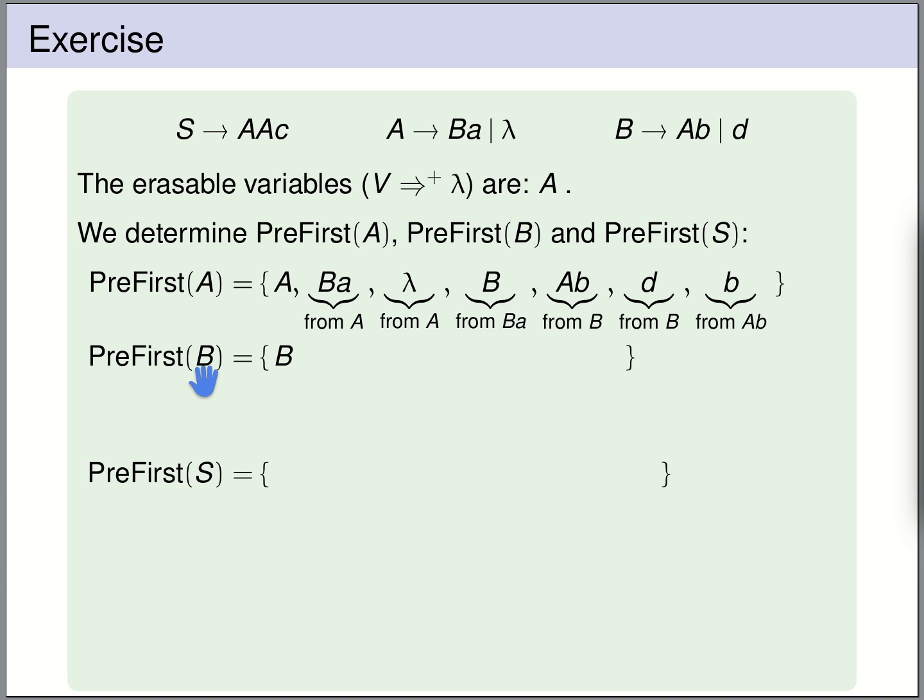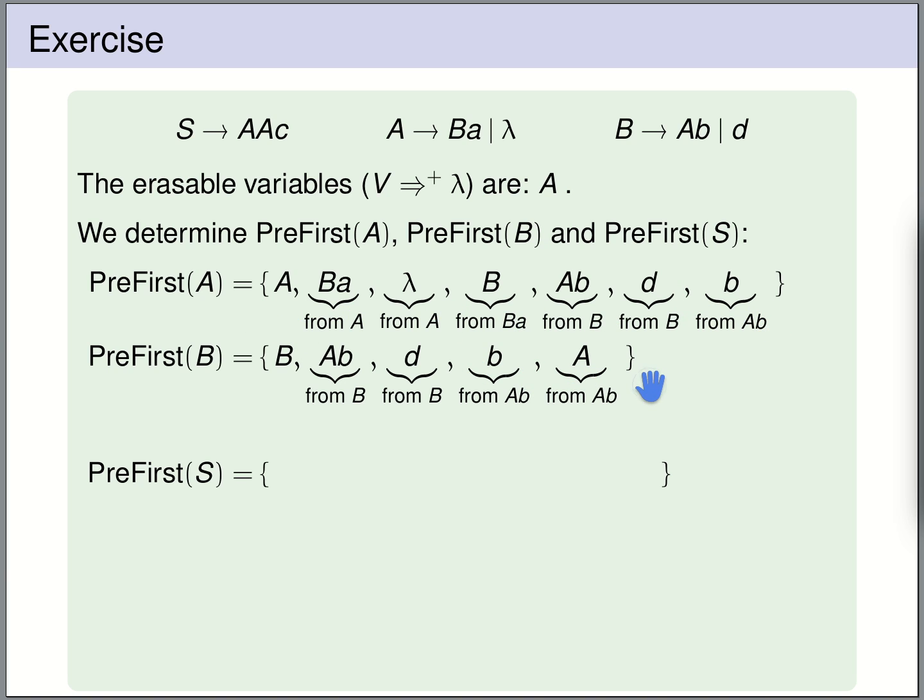Pre-first B contains B. From B, we get AB and D. From AB, because A is erasable, we get B. And we get A itself, the first letter of this word. So since A is in the set, we know that all of pre-first A must be in the set.